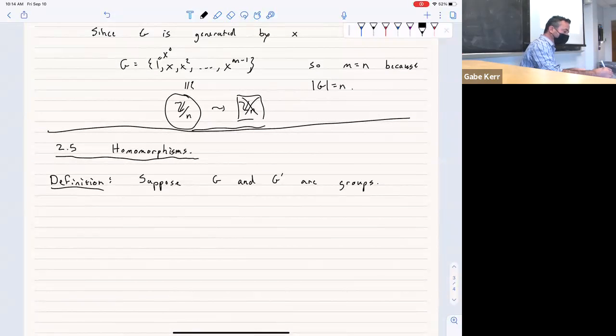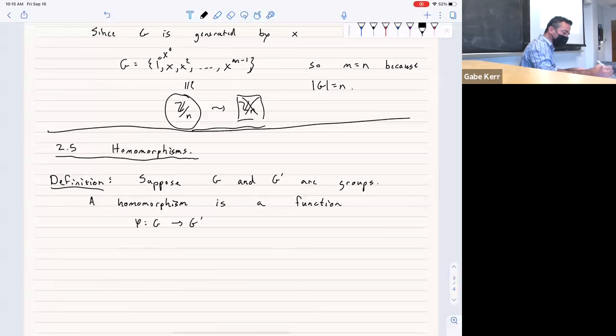Those G and G prime are groups. Homomorphism. Function, say phi, from G to G prime. A function is just a function. It doesn't do anything. We want these things to relate these two algebraic structures, which means this function should be compatible in some way with the laws of composition for the respective groups.